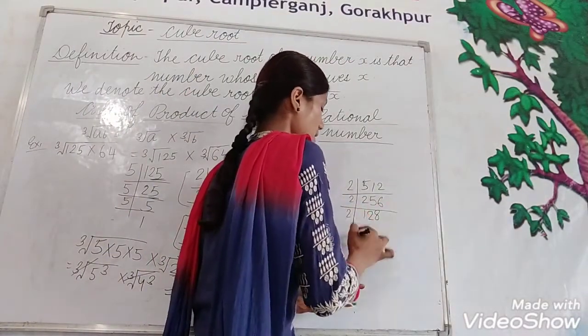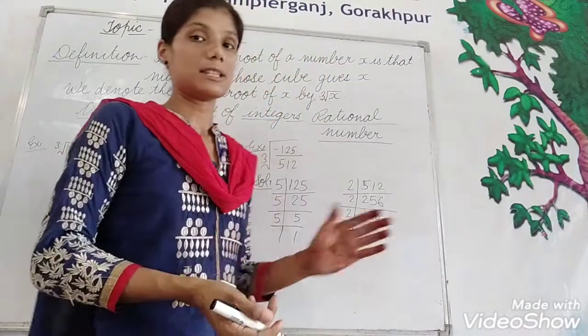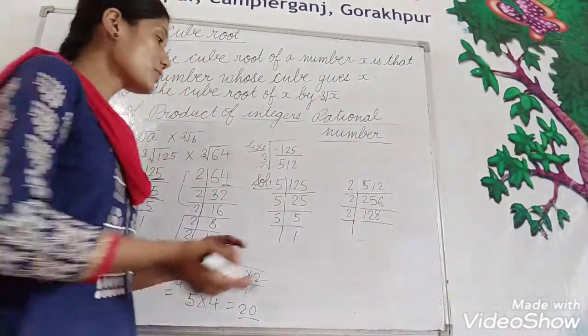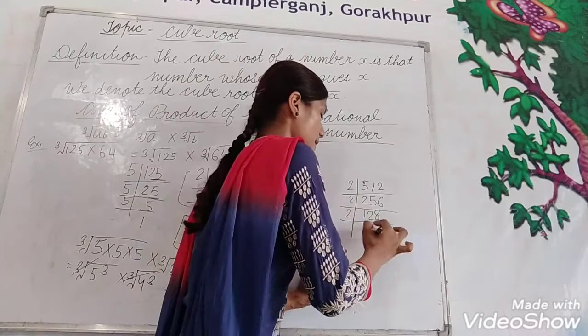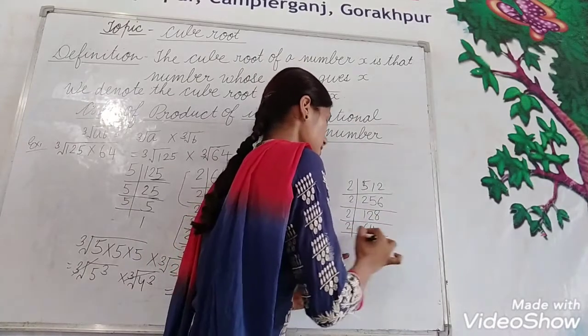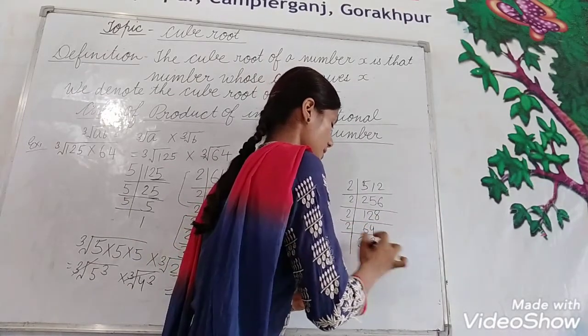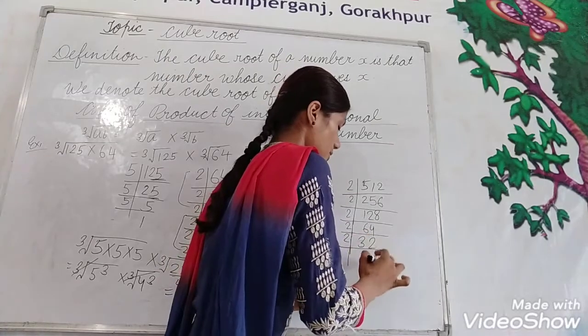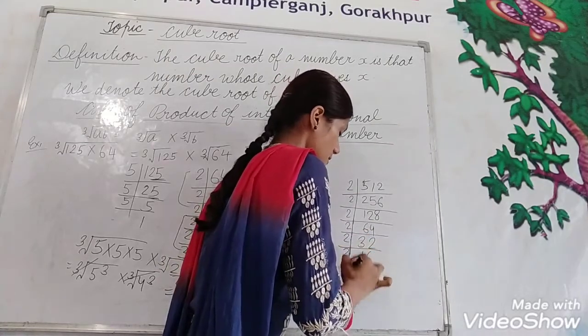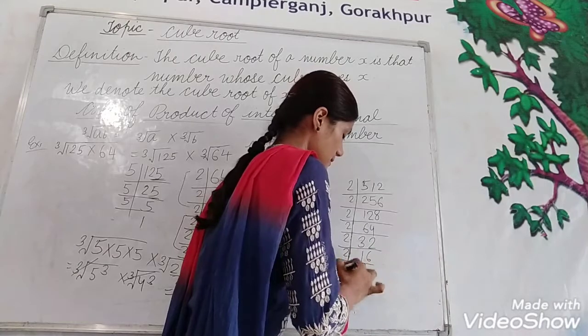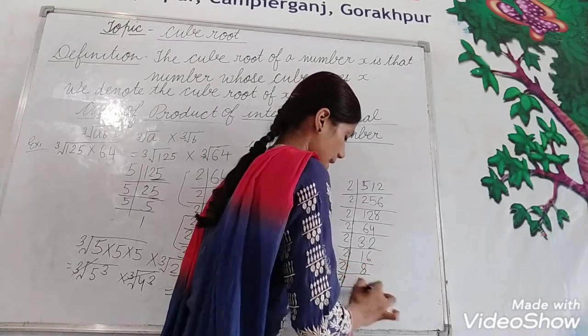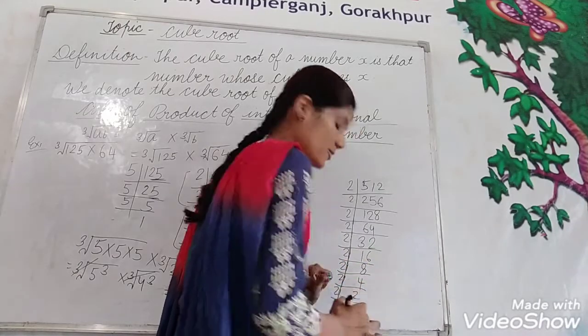Again here is an even number, that means this number is again divisible by 2. 2 6s are 12, 2 4s are 8, 2 3s are 6, 2 2s are 4, 2 1s are 2, 2 6s are 12, 2 8s are 16, 2 4s are 8 and 2 1s are 2.